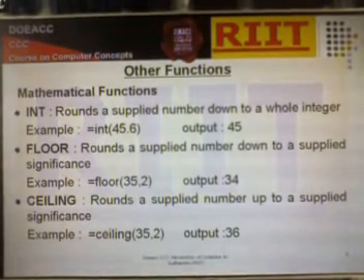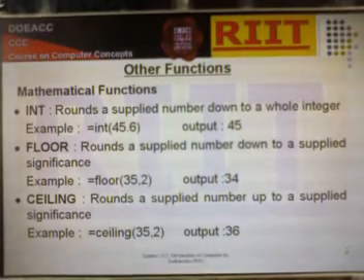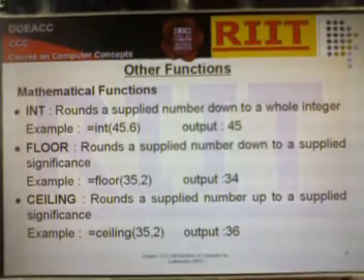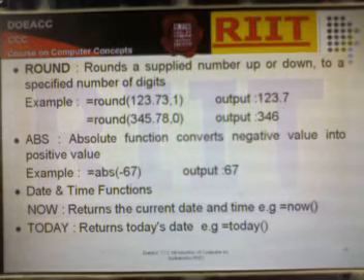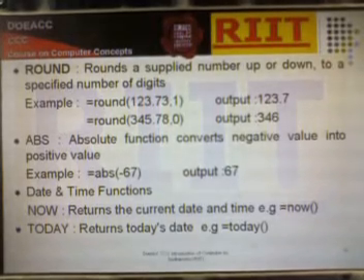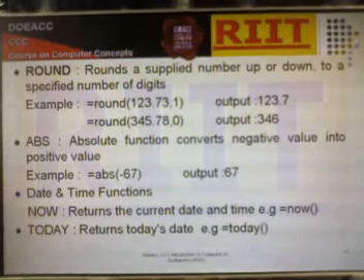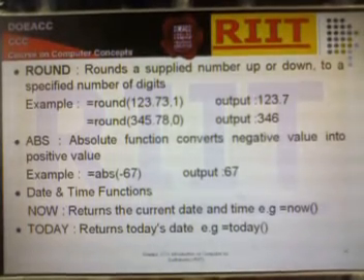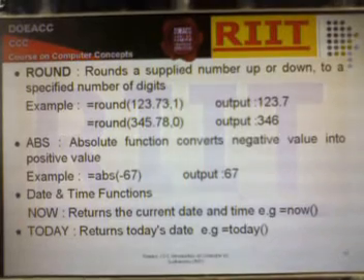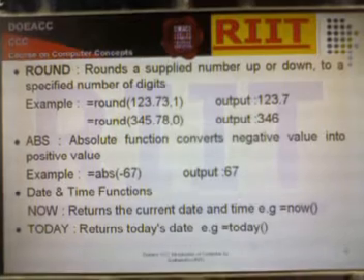CEILING rounds a supplied number up to a supplied significance, like 35,2, then output is 36. ROUND function rounds a supplied number up or down to a specified number of digits, like 123.73, 1, then output is 123.7.